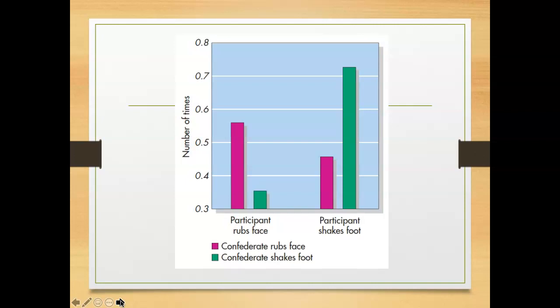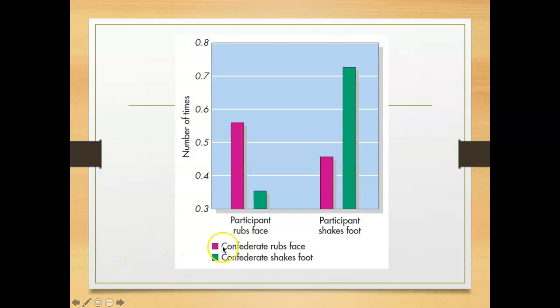And so at these intervals during which the Confederate was engaging in these kinds of behaviors, the experimenters were recording how often the participant basically did the same thing, and so the results are very interesting.